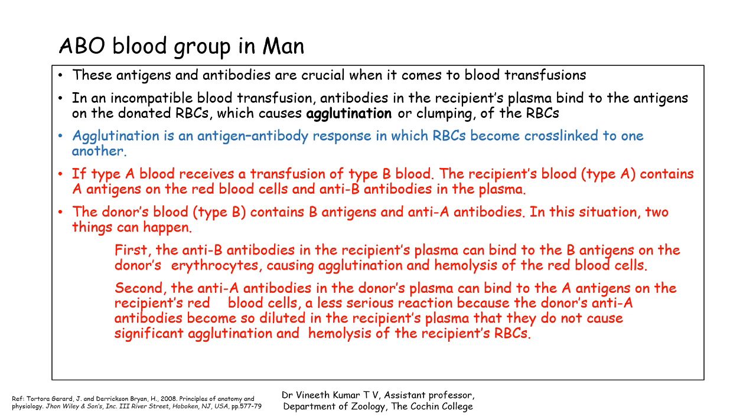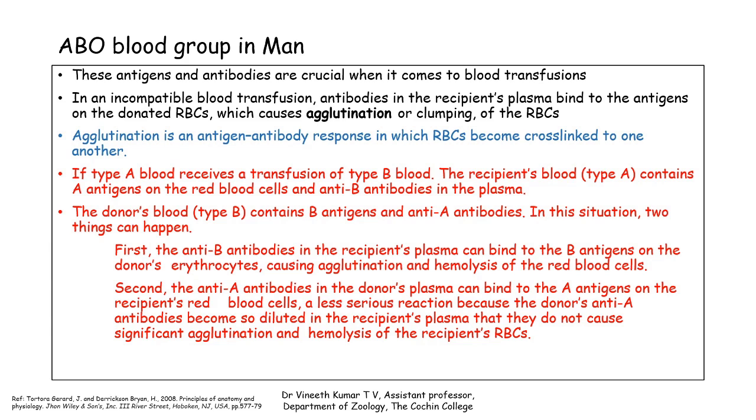Because the recipient has B antibodies, all the B RBCs will be destroyed by hemolysis by the recipient's antibody. That is the first and major thing that will happen. So the B antibodies in the recipient plasma will bind to the B antigens on the donor's erythrocytes, causing agglutination and hemolysis.